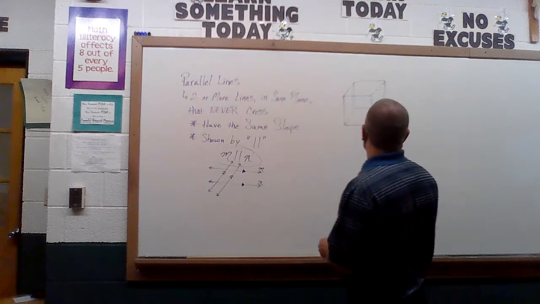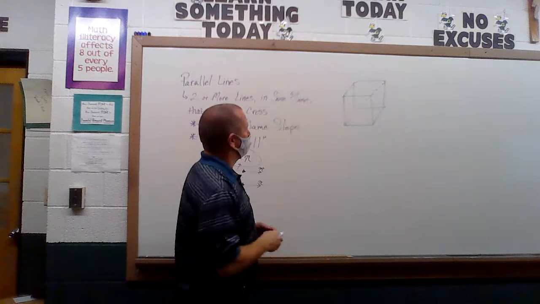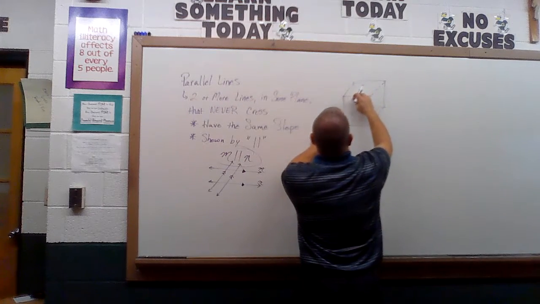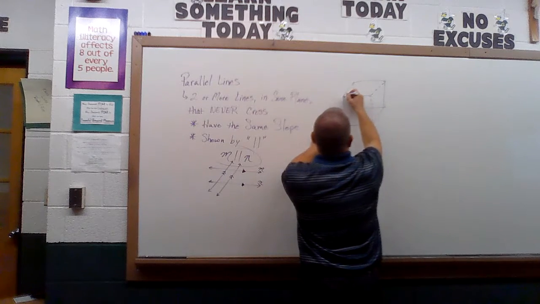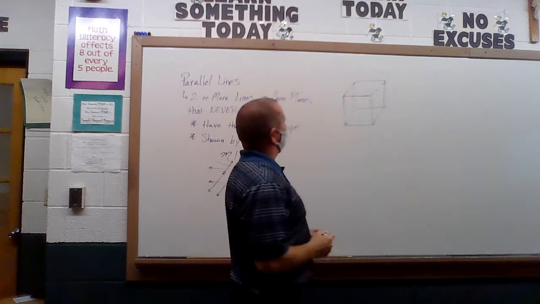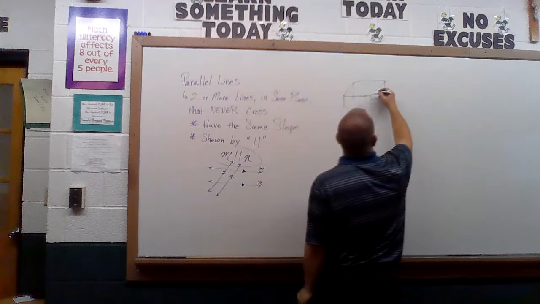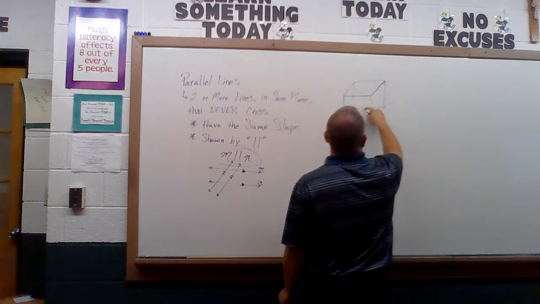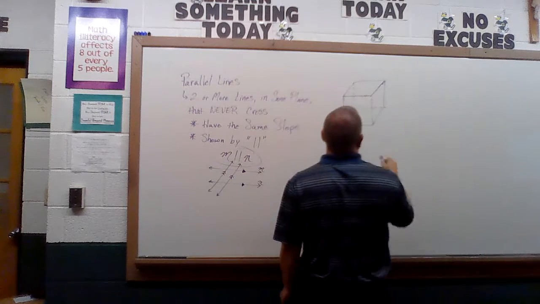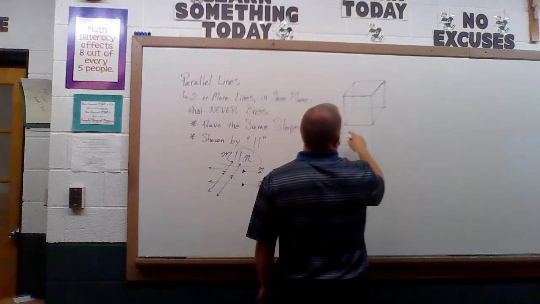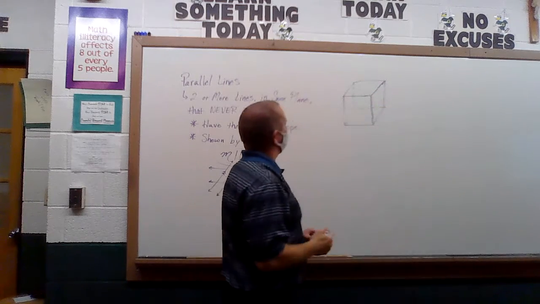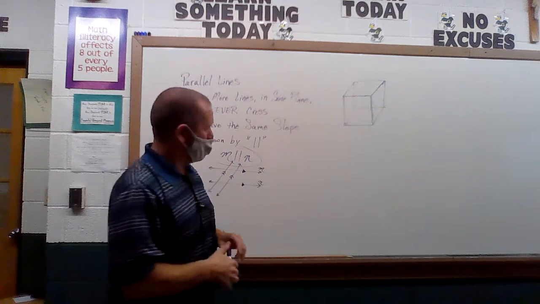Why are they slashes? They're in the back, right? Oh, this one shouldn't be. This one should be. Not this one. Something like that, right? This one. It's in the background, right? That's my cube, okay?